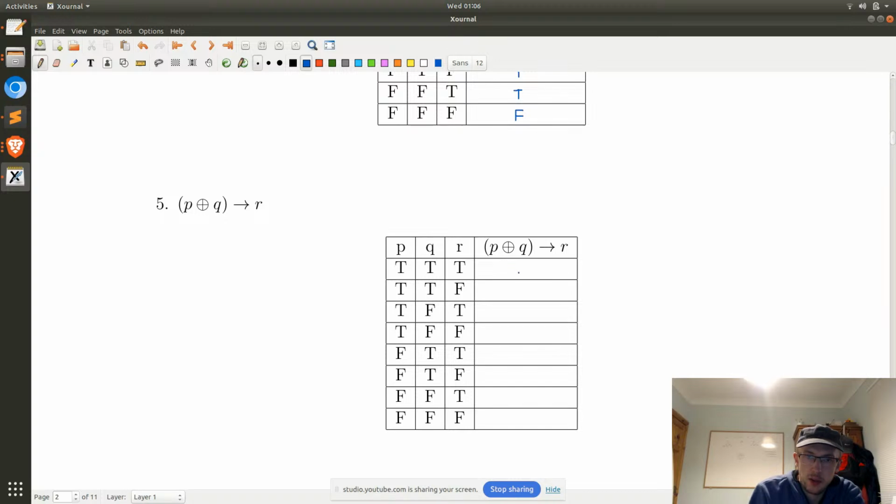False implies true. Does false imply true? Does false imply false? Does true imply true? Does true imply false? Does true imply true? Does true imply false?